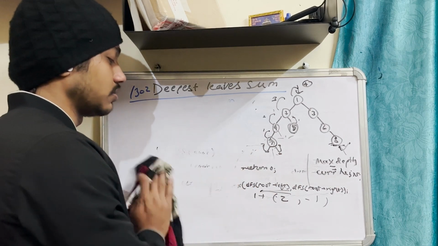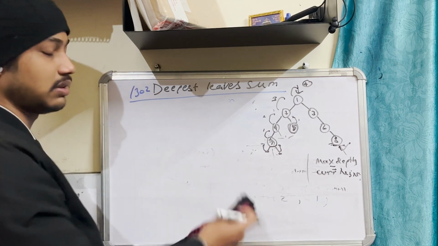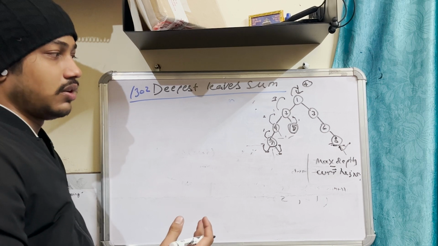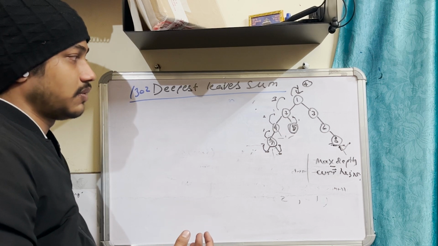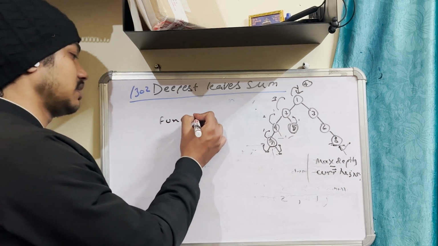Now, just think about the pseudocode rather than finding the maximum depth. You now want to find if your current node is a leaf. You can name the function anything, it doesn't matter.